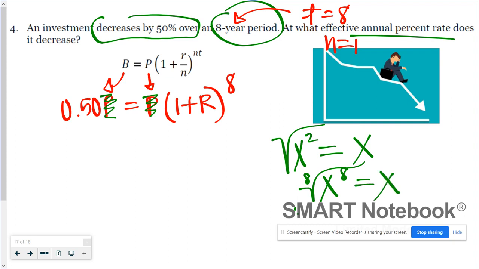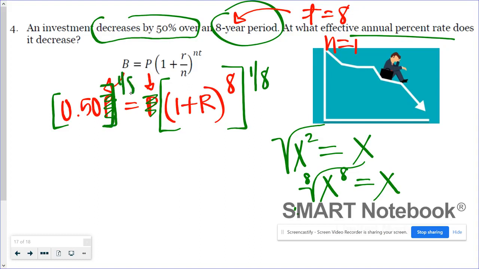And so what we do on our calculators is we are actually going to take both sides here to the 1/8 power. Because 8 times 1/8 is 1, so that does the same thing. So over here, I'm going to do the same thing. I'm going to take 0.50 to the 1/8 power.